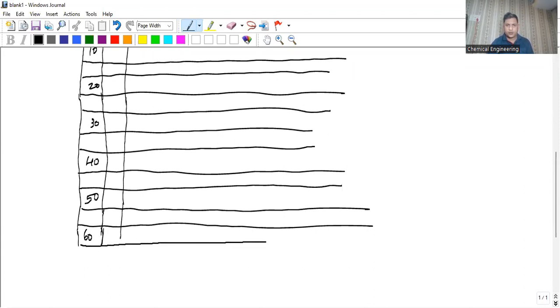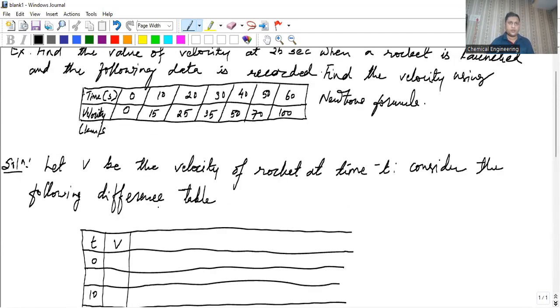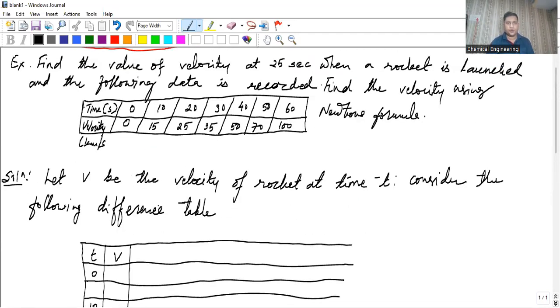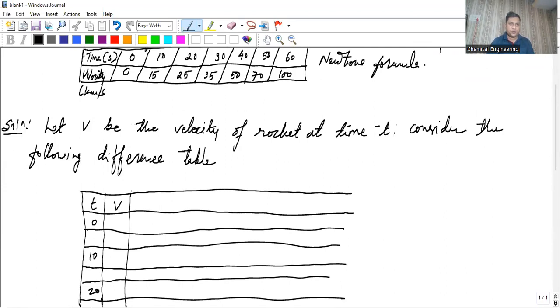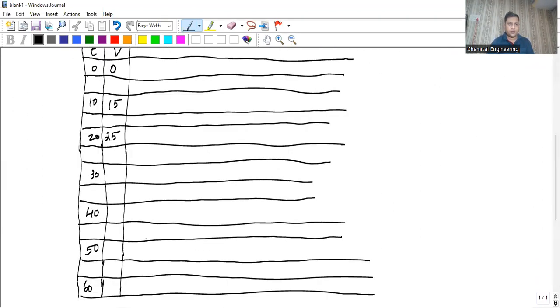So this much data is available with us. Okay. What is the data given? So we can see the given data 0, 15, 25, 35, 50, 70, and 100.